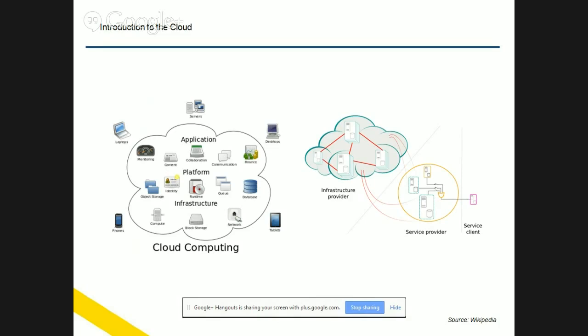So if you look at this, you have an application, a platform, and the associated infrastructure on the cloud. So you could have phones, laptops, servers, desktops, and tablets connected to the cloud to take advantage of the features that the cloud offers, which is it could be running an application, it could be utilizing a platform or the infrastructure.